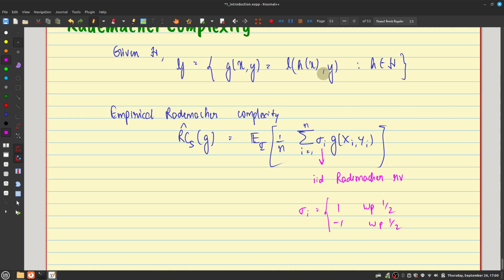The sigma i's are generated independently. They're completely independent of the training set. For a given training set, I define this empirical Rademacher complexity. Just take n pairs of x comma y and you compute this quantity.